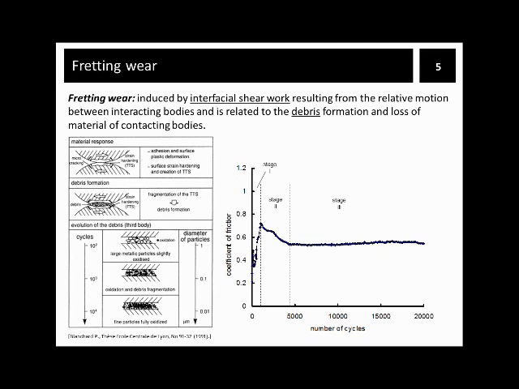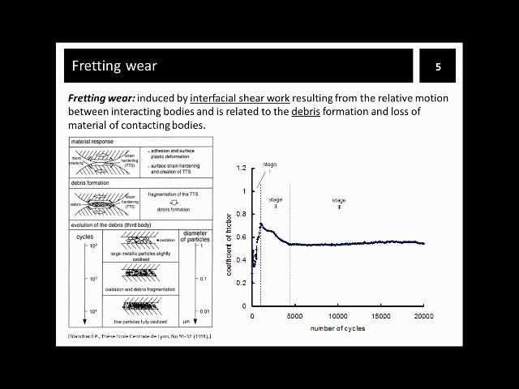So in stage 1, the interface is cleaned by rubbing from contamination and oxide layers, and what is called tribologically transformed structure is formed, TTS structure. So in the second stage, the TTS structure is being fragmented and wear debris are generated.